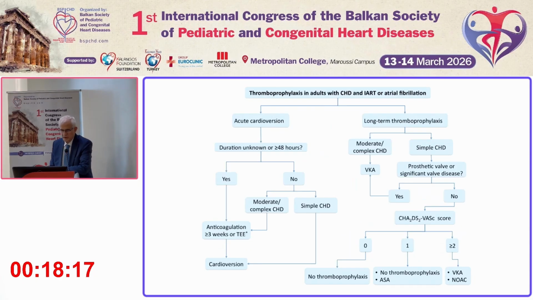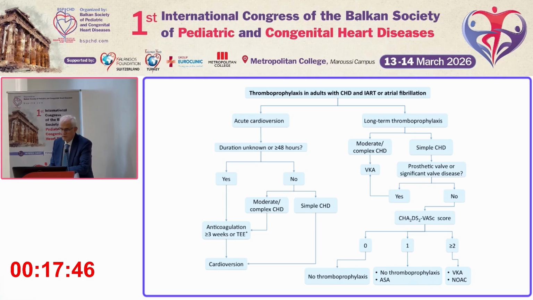It's also important in these patients to not forget the need for anticoagulation, because the incidence of arrhythmias is associated with higher incidence of thromboembolism. If we are going to cardiovert the patient, then we need to look at the duration of the arrhythmia, and if necessary, start anticoagulation, otherwise go directly to cardioversion.